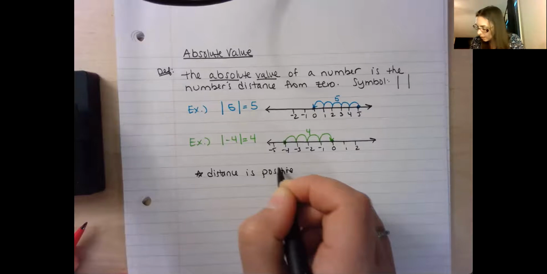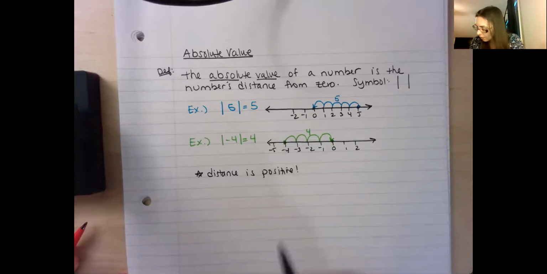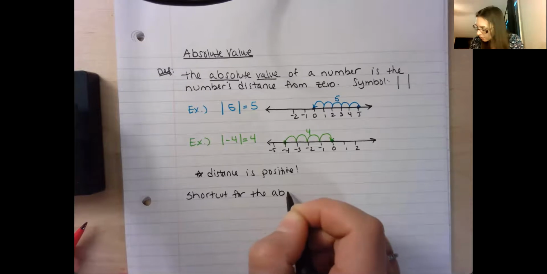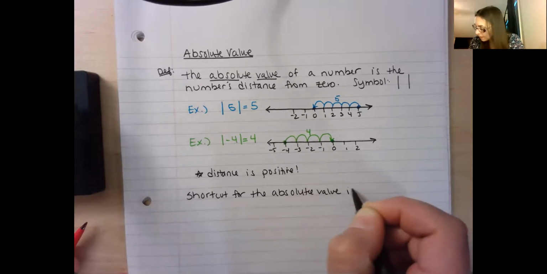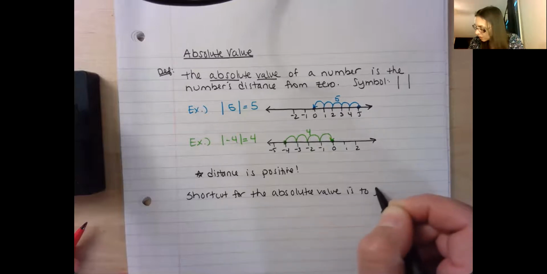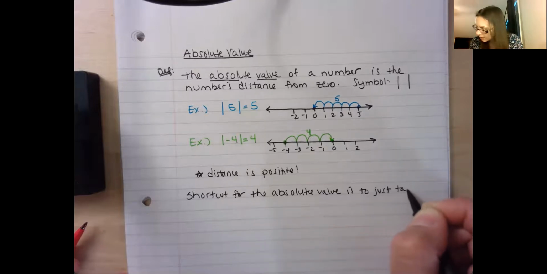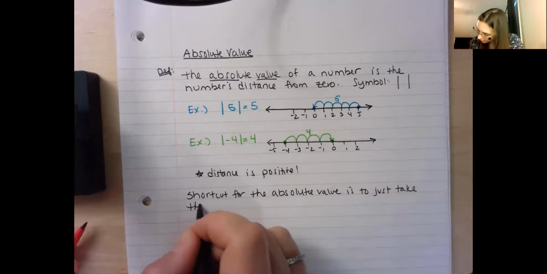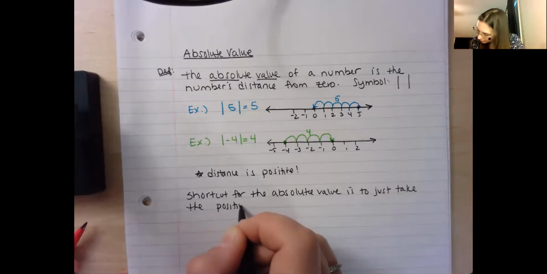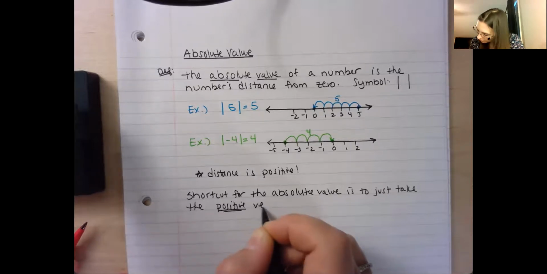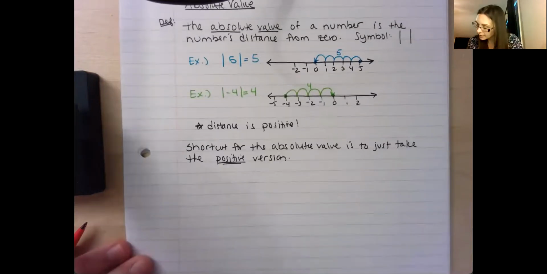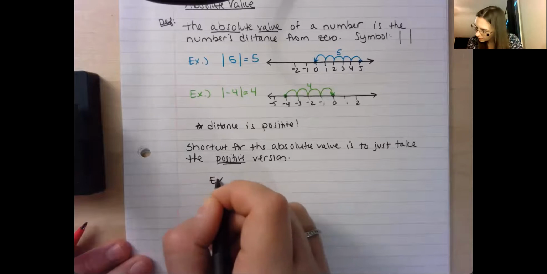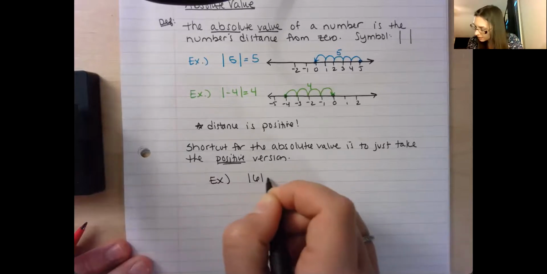Okay. So your shortcut for the absolute value is to just take the positive version. So for instance, the absolute value of 6 stays 6.